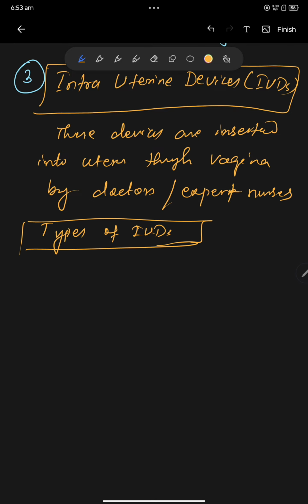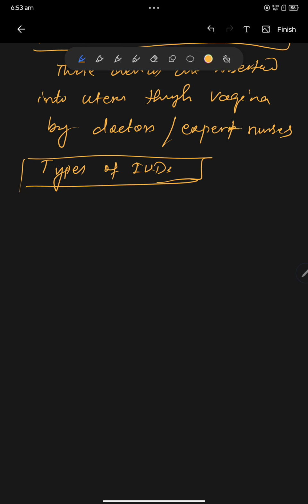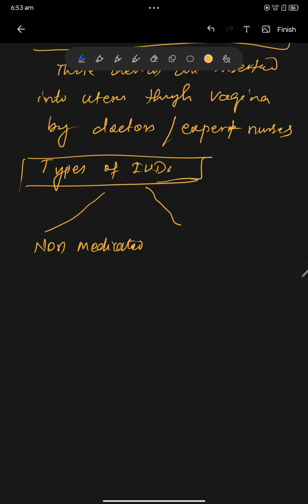Again, it is very important. So there are different types of IUD. One is non-medicated. Okay. Then copper releasing. Okay.